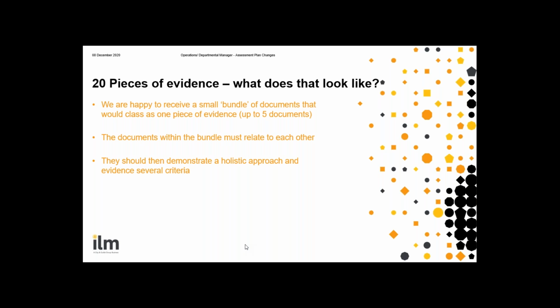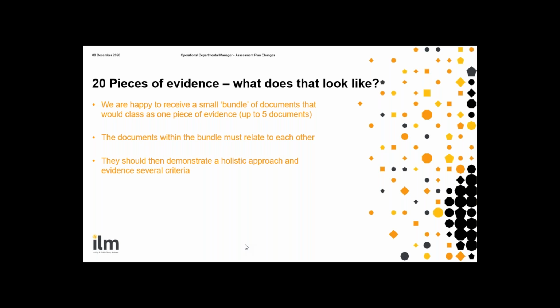Those documents are clearly in that example relating to each other. So you can't have a random selection of 4 or 5 documents and call that a bundle. We need documents that relate to each other, that relate to one particular piece of evidence, and then wring it dry, use that evidence across multiple areas, reinforcing that holistic approach.